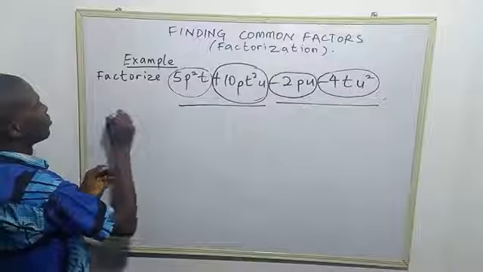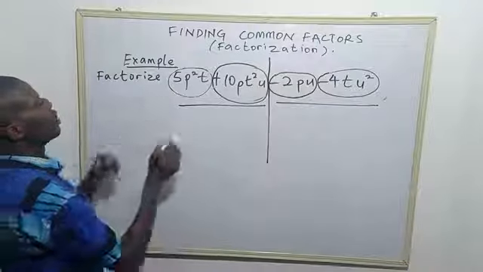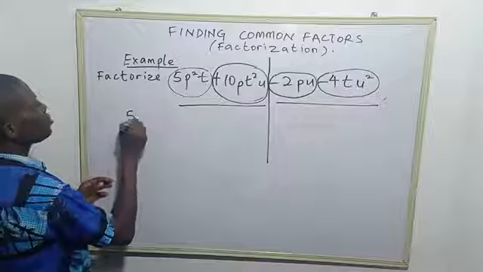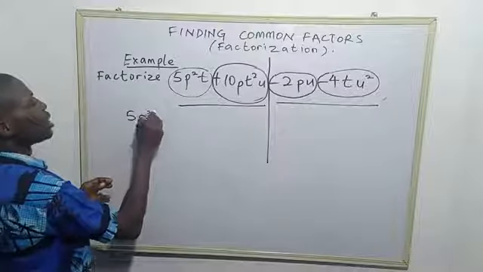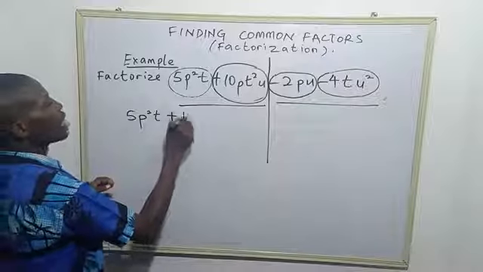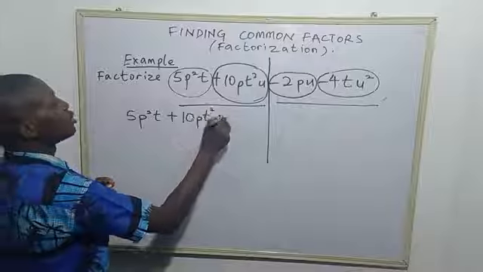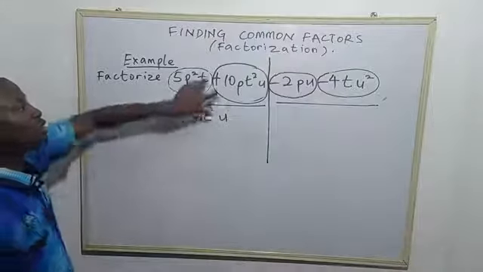Let's demarcate them. So 5p squared t plus 10p t squared u. Okay? So this is this.